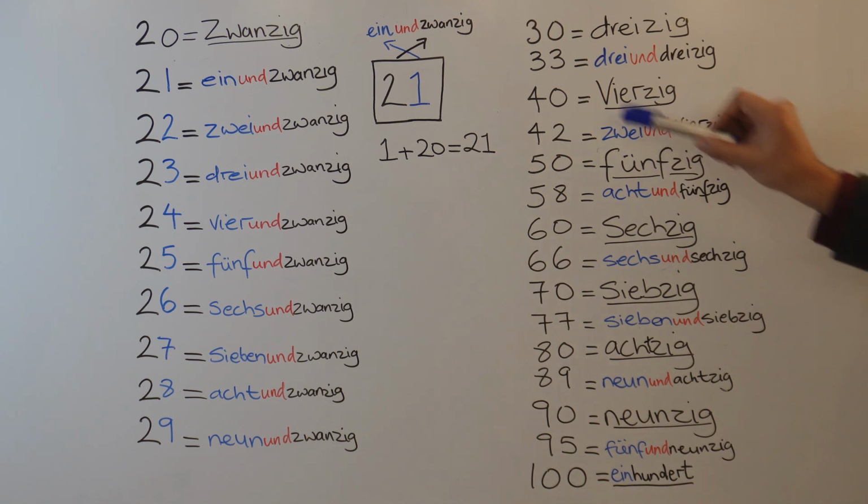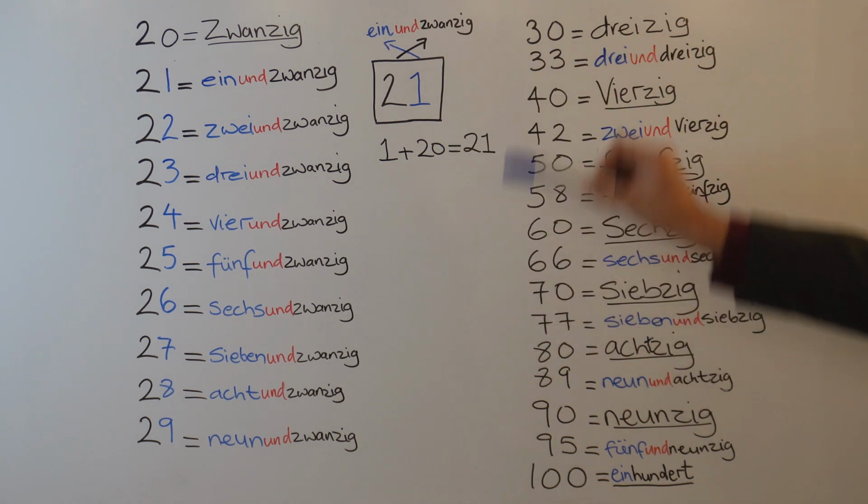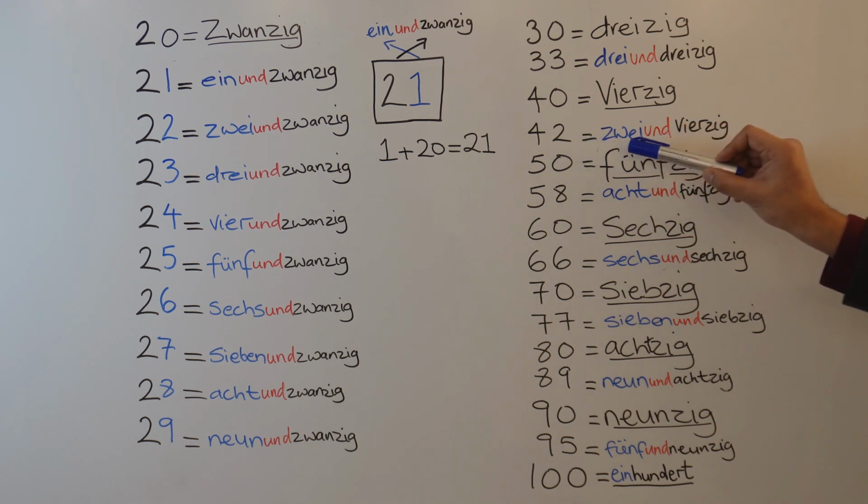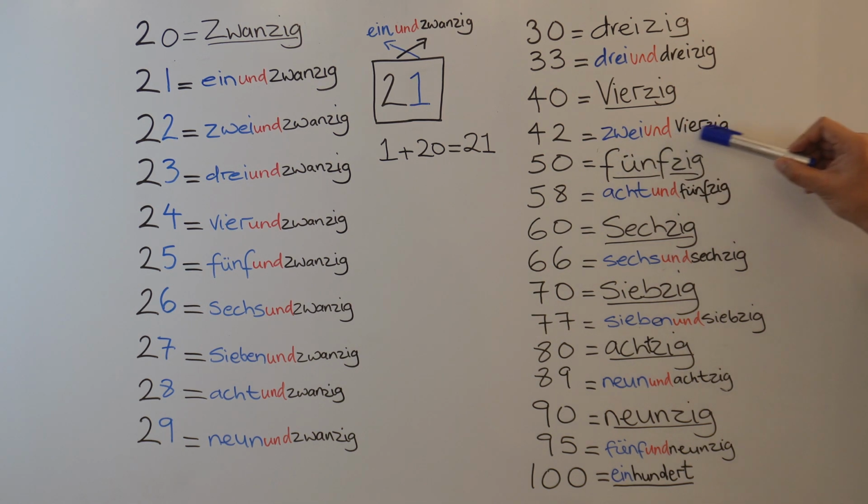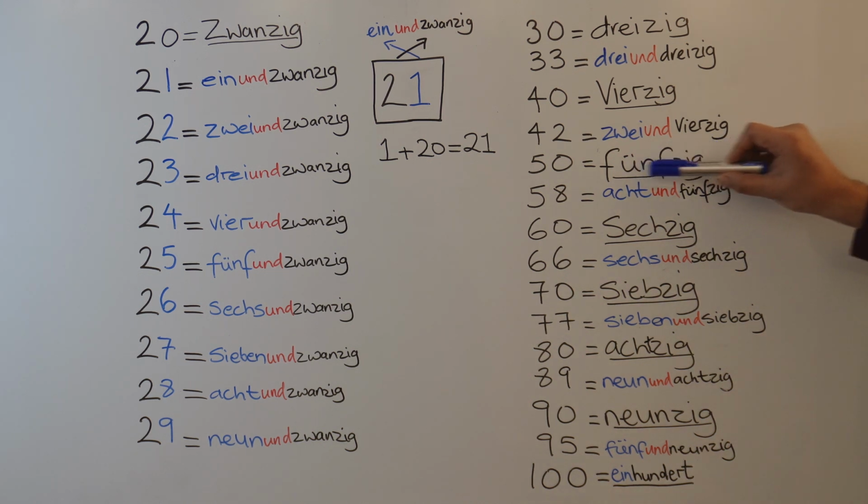So over here, once again, the same principle applies as we have learned. So you will pronounce the smaller number first, that is 2, and then 40, the bigger number, 42. And then for 43, 44, 45, 46, 47, 48, 49, and then you come to 50.